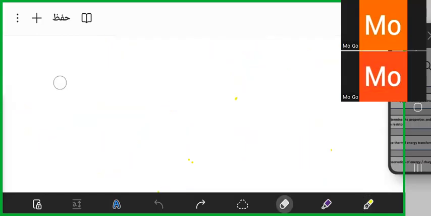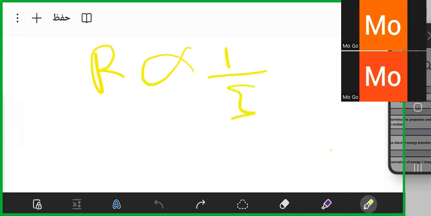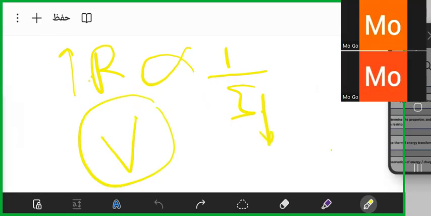Next one, R and I. They are inversely related. Wait, why did I type it like that? R is inversely related with I. So if we increase R, the amount of I will decrease, with the voltage constant. So we are making voltage constant.